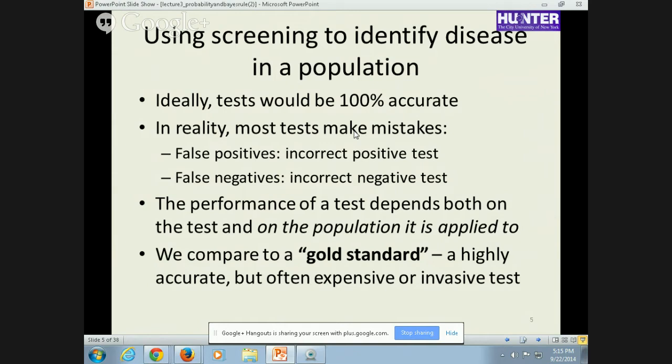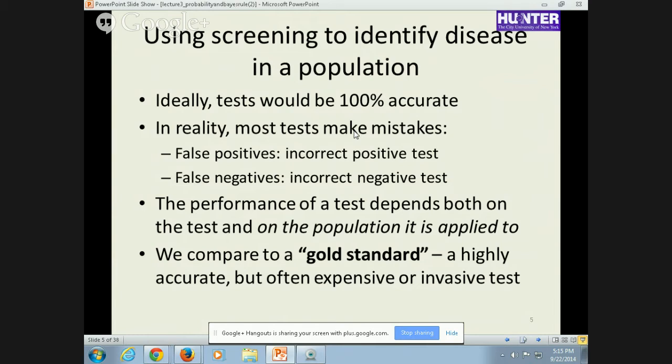This is what all of the topics around sensitivity, specificity, positive predictive value are about. And as I mentioned, this gold standard, this is the expensive follow-up test that does give you the right answer, but that is not feasible to give on the larger scale as a screening test.